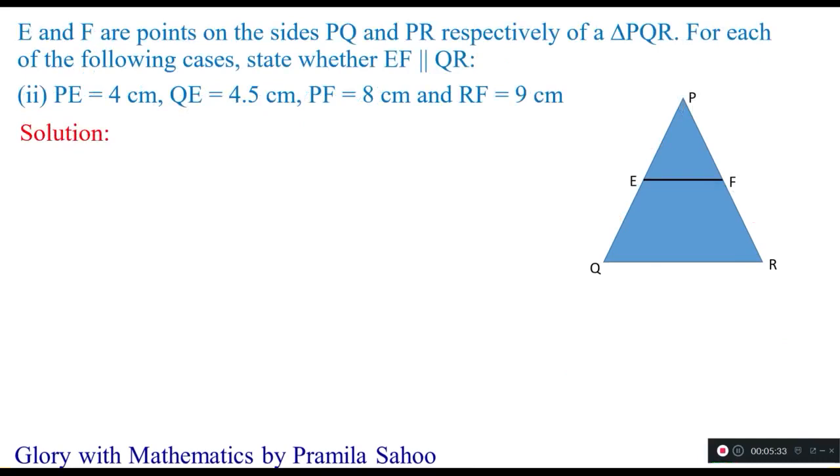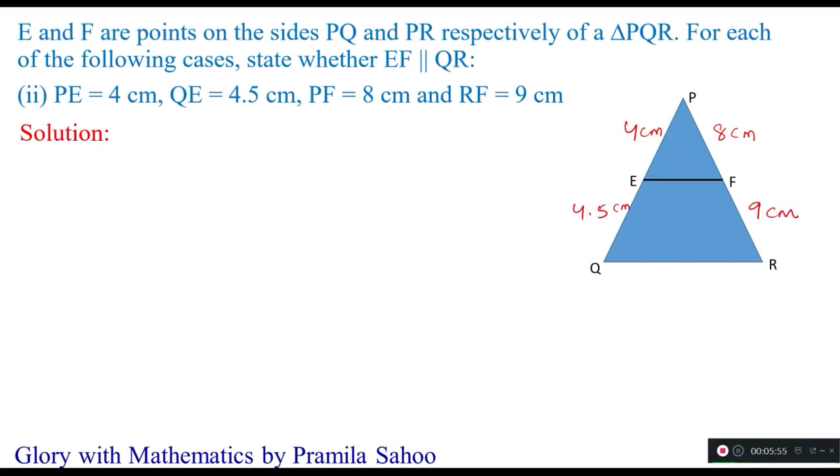Next, here in this triangle PQR, it is given that PE is equal to 4 centimeter, QE is equal to 4.5 centimeter, PF is equal to 8 centimeter and RF is equal to 9 centimeter.